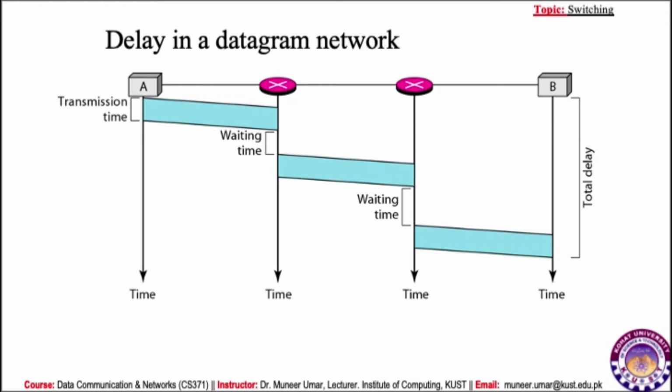Next thing is delay in datagram networks. As compared to circuit switch networks, there may be greater delay in datagram networks. Although there are no setup or tear down phases, each packet may experience a wait at a switch before it is forwarded.